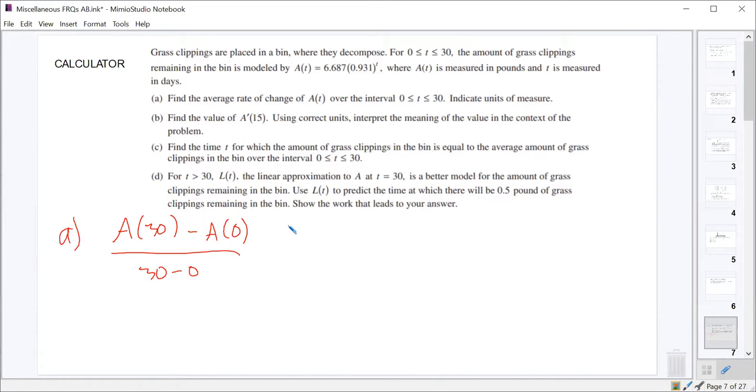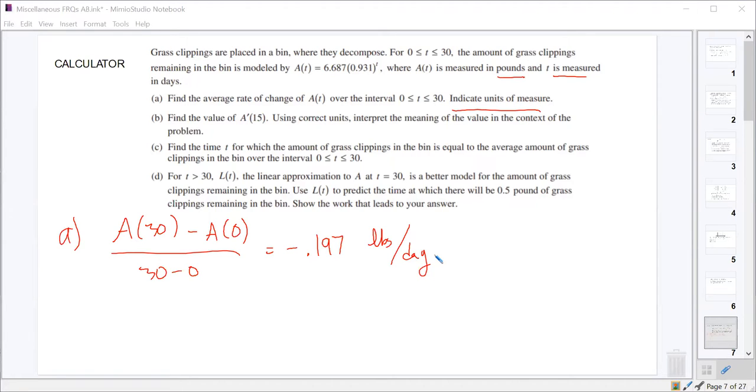This being a calculator problem, you can just plug in 30 into your calculator for this and 0 and see what you get. Subtract them and divide it by 30. Looks like it came out to be negative 0.197. Indicate units of measure. So this is pounds divided by days, pounds per day. Everybody good with part A?